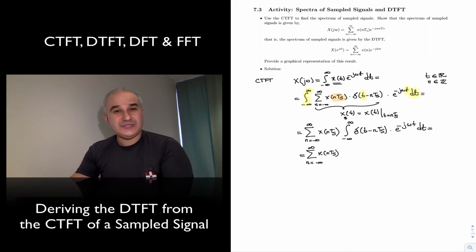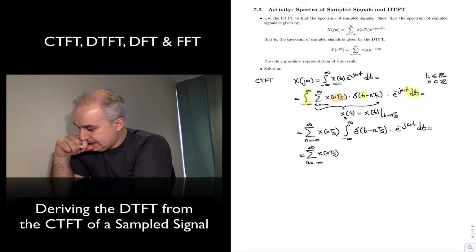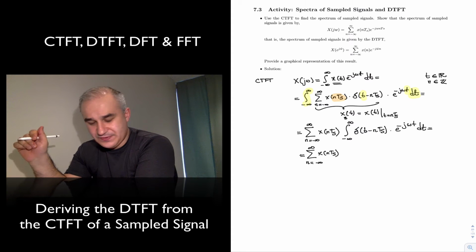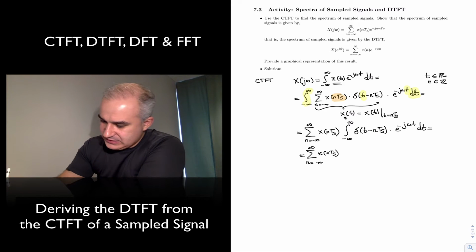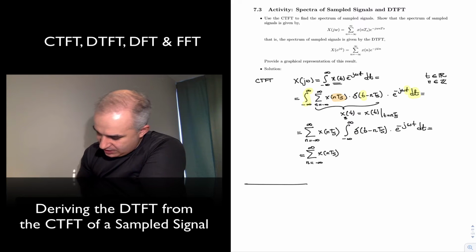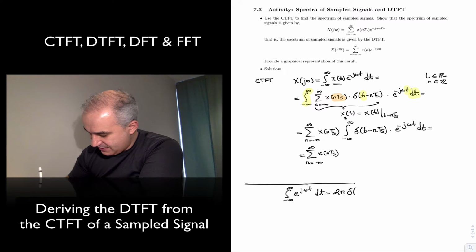And we are going to use the sampling property of the impulse function. Incidentally, we can derive just about all Fourier transforms that we need with really three results. One of them, and I'm going to just put them here for a second, is the integral from minus infinity to infinity of e to the j omega t dt equals 2 pi delta of omega.